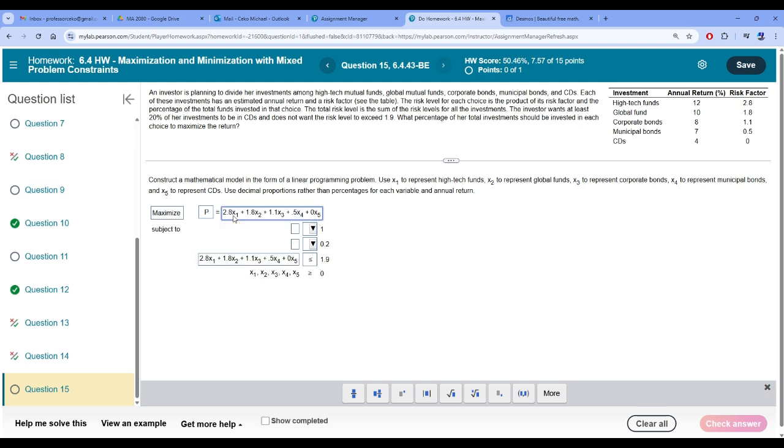Oh, I can. Now what are these numbers? 0.12, 0.1, 0.08, 0.07, 0.04. And here, 20% of our investments to be 0.2.